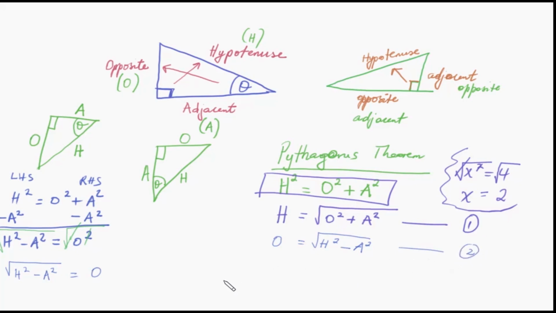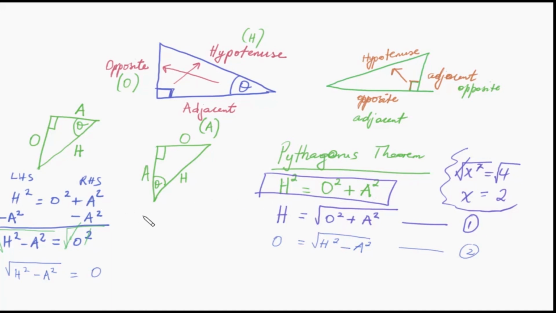All right? Can you make adjacent side the subject from here? What would you do? You would say minus O squared because you want to be left with A squared. Minus O squared on both sides.